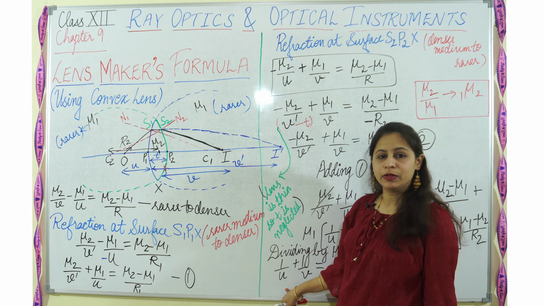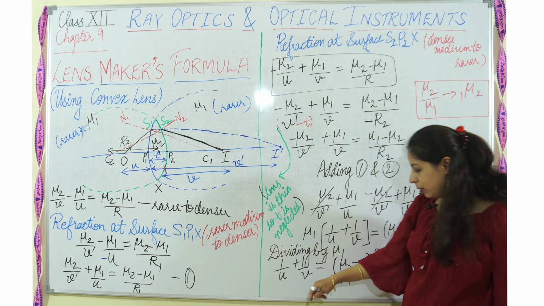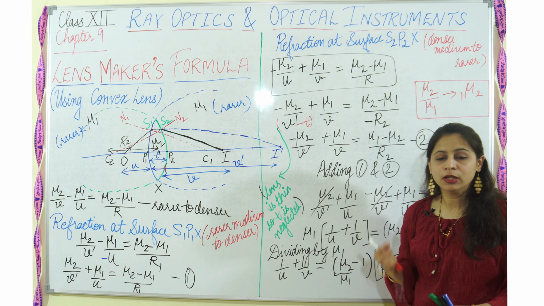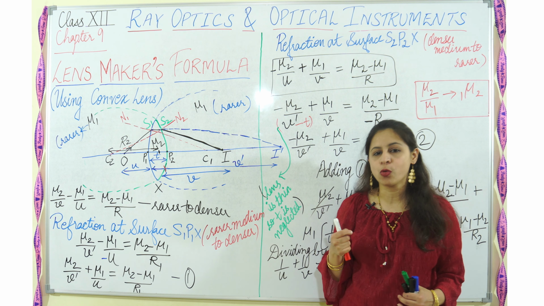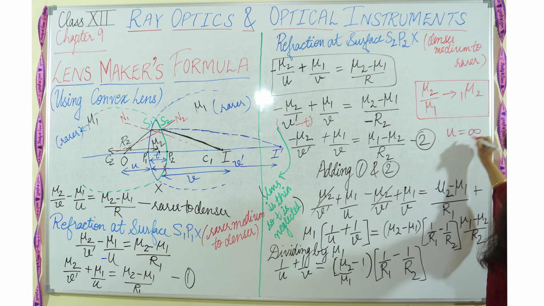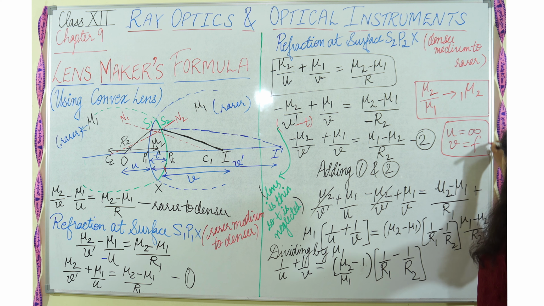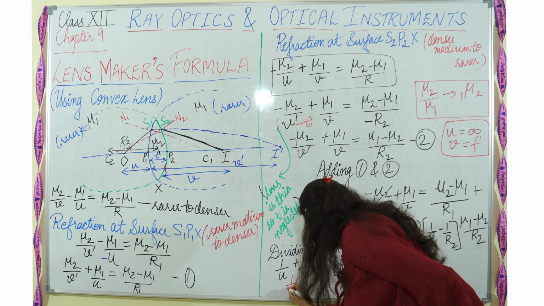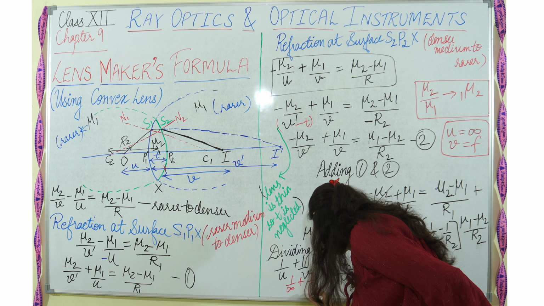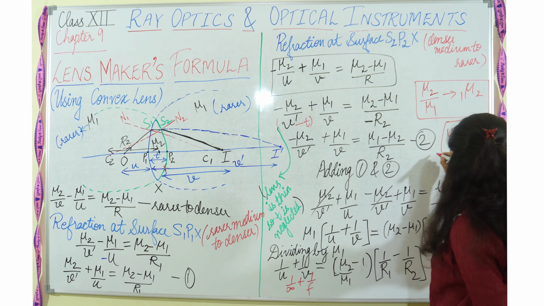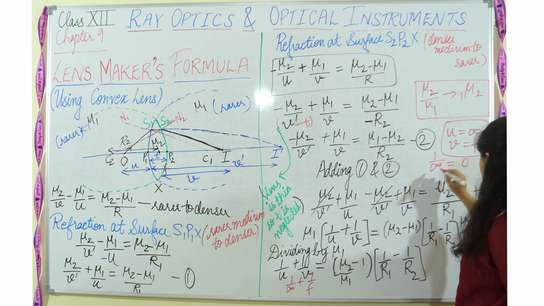And over here we can define the focal length. According to the definition of the focal length, when my object is at infinity, my image will form at focus. So I will substitute this over here. So 1 upon infinity plus 1 upon f, and 1 upon infinity is equal to 0, as we already know.